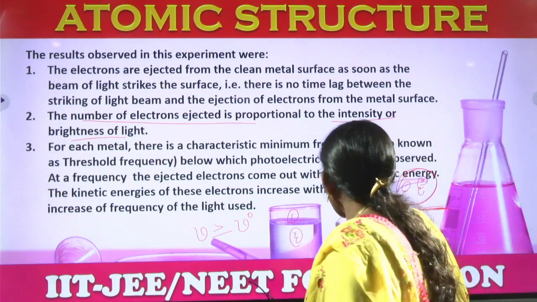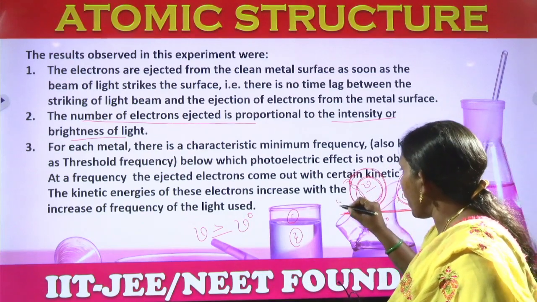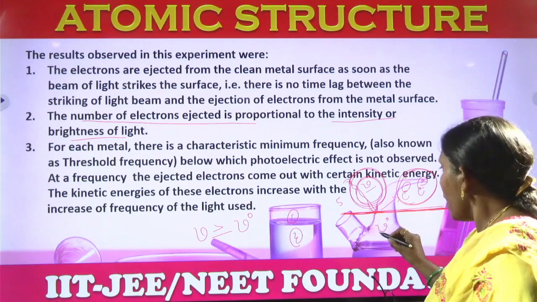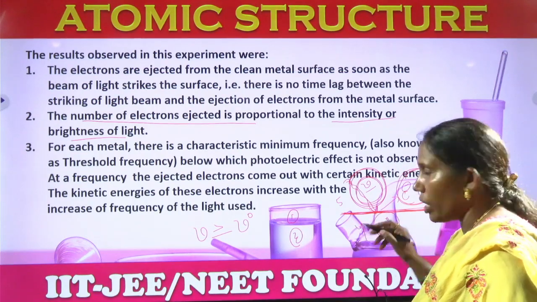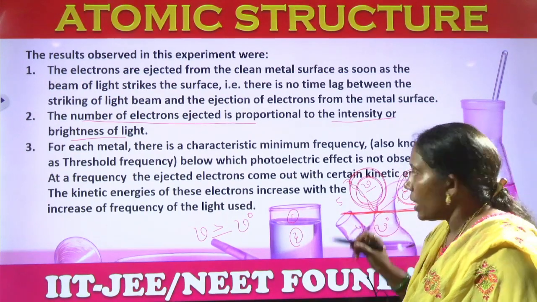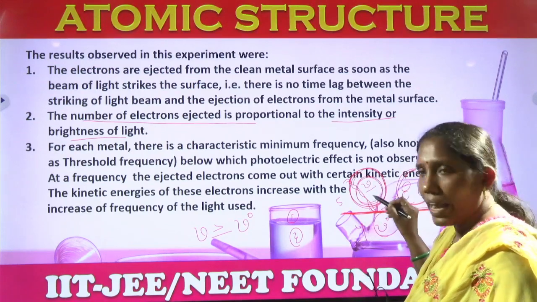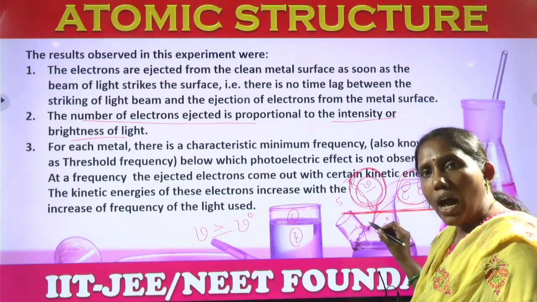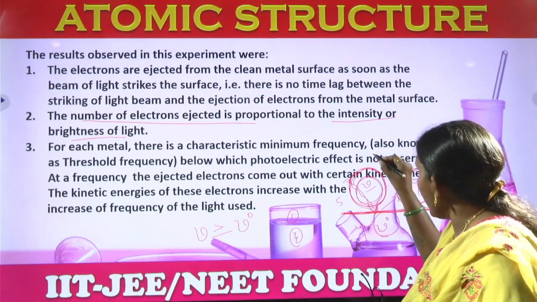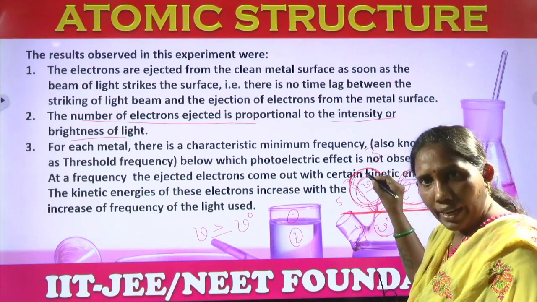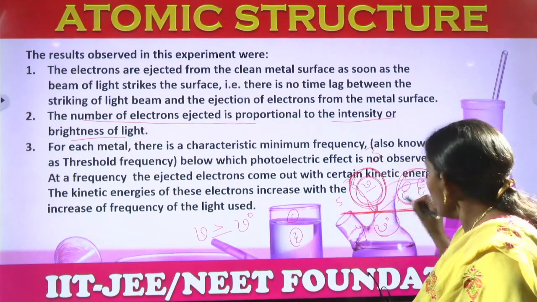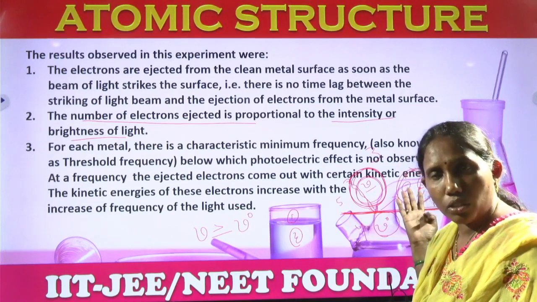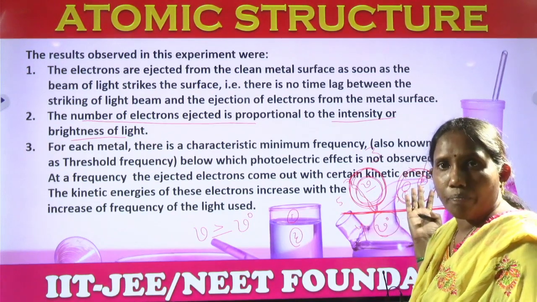Suppose this light ray has a frequency of 5 hertz, but the threshold frequency of this metal sheet is 4 hertz. Compulsorily this light should have a frequency greater than or equal to 4. If the frequency of this light radiation is 3, then no photoelectrons will come outside, meaning no ejection of electrons, no photoelectric effect.